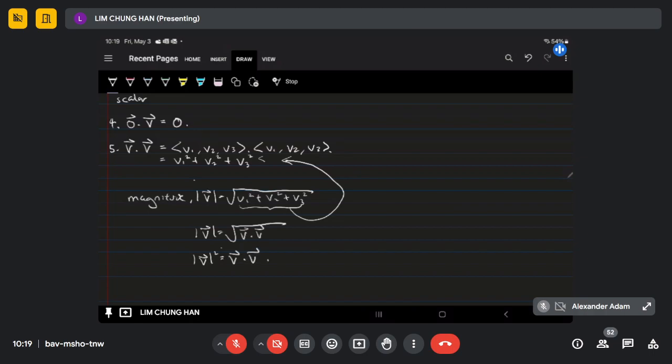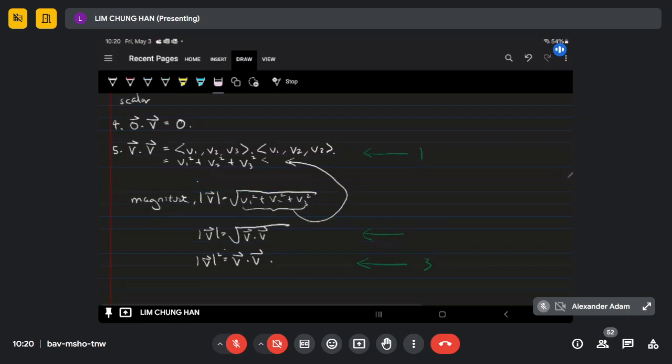So here I pointed out several important relationships. Later on, you will need to be able to recall this. This is one, this is another one, this is another one. These are several important relationships which we will revisit a bit later. Any questions about this? The 5 rules.